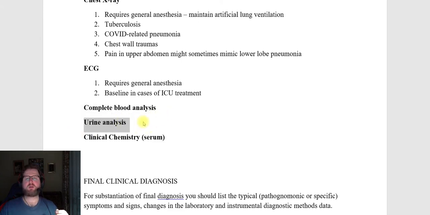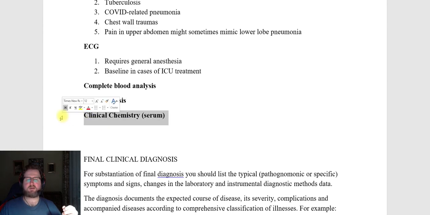Urine analysis will give us the opportunity to differentiate primary urological diseases from abdominal surgical diseases which involve the urinary system in a secondary manner. And clinical chemistry will provide us information about liver functioning. It will give us information about pancreatic amylase, which will give us indications if this patient has or has no acute pancreatitis.